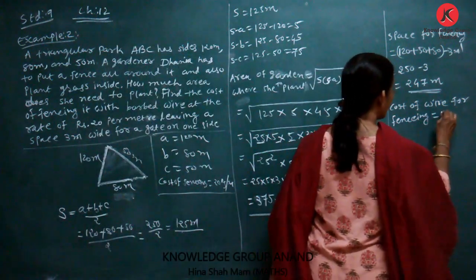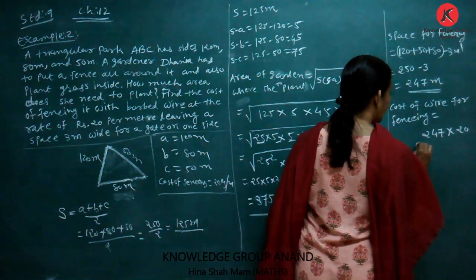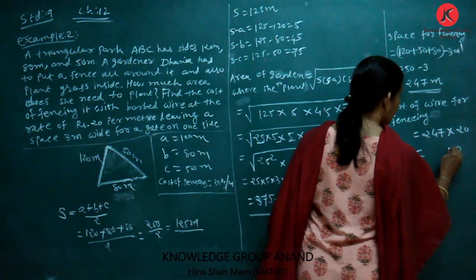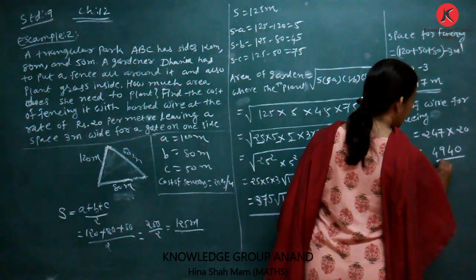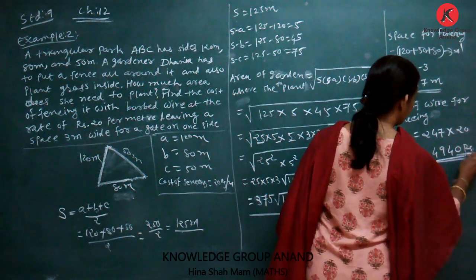Then we multiply 247 by 20, which equals 4,940 rupees.